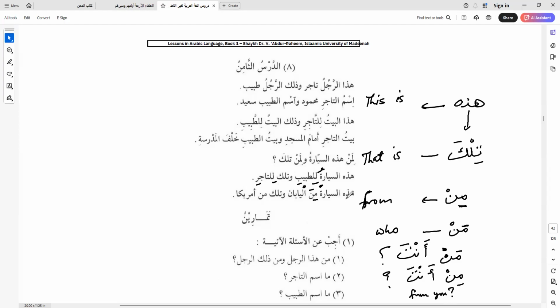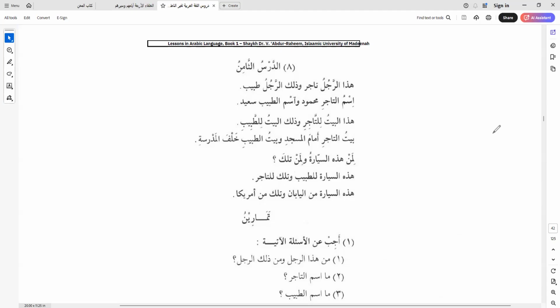So again, let's finish it up. Hadhihi as-sayyara min al-Yaban. Now, min can be mina, right, by turning the sukun into fatha. And we always do that when the min is going to connect to alif or lam, either alif qamariya or huruf shamsiya.